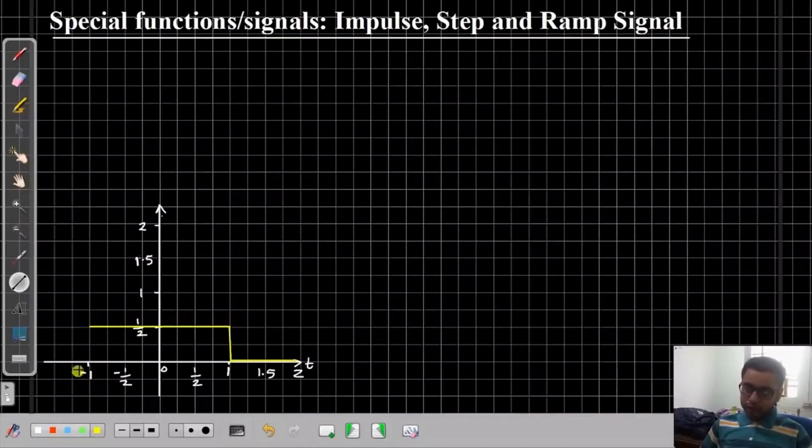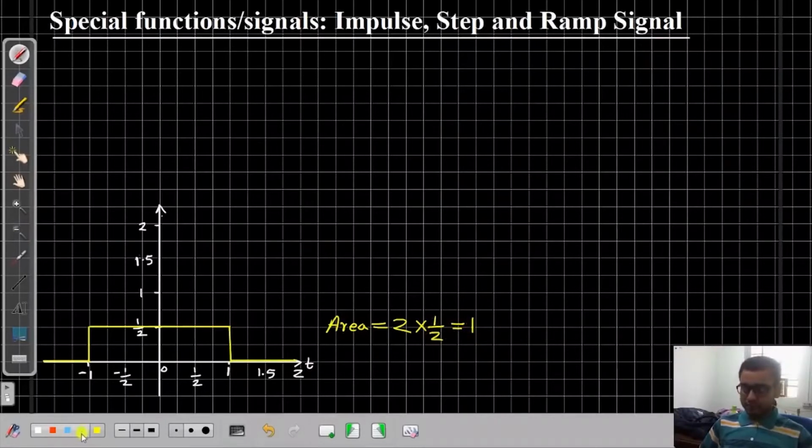Before time equal to -1, the signal was also 0. Now let me calculate the area under this signal. The area is given by the width, which is 2 units, multiplied by the height, which is half a unit, so the area is 1 unit.